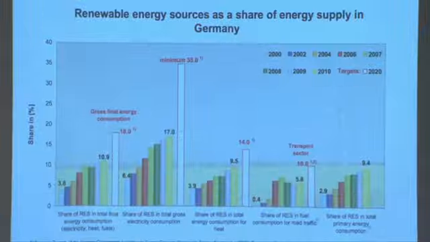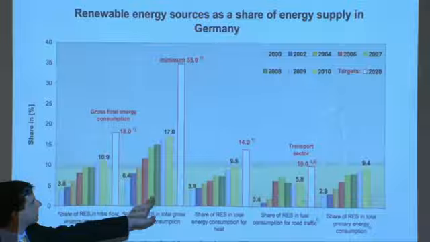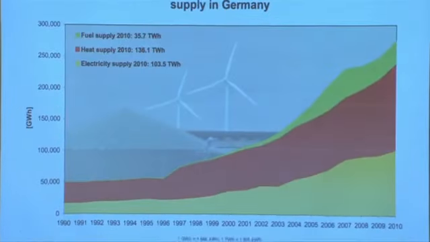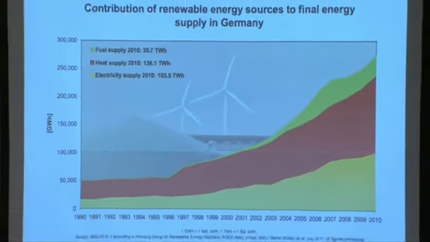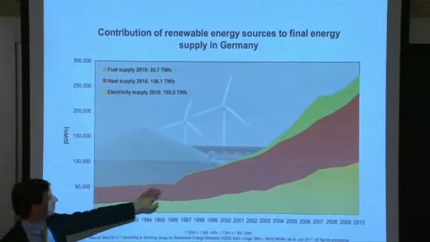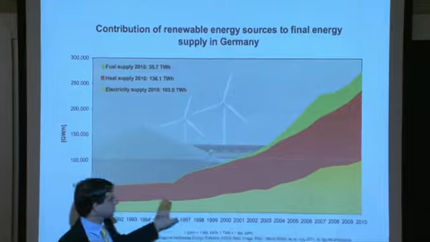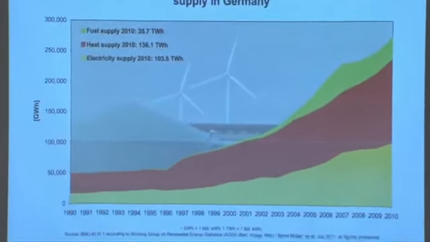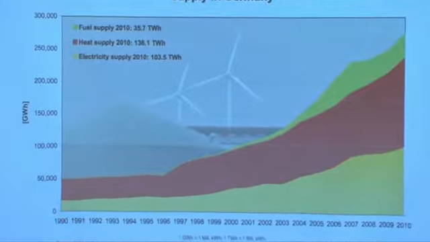So working toward those targets pretty well and climbing from 2000 to 2010, more than doubling, almost tripling. This is the electricity, heat supply, and fuel supply breakdown. If we just look at the electricity component right here, since that's where PV falls and contributes, you can see it's growing.